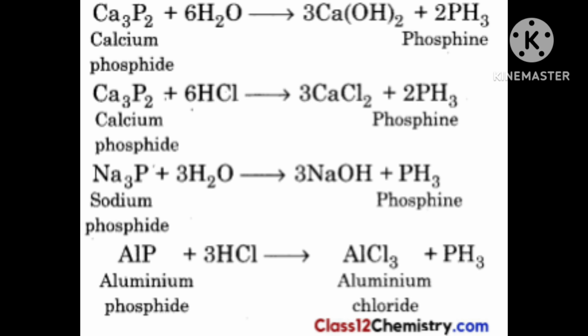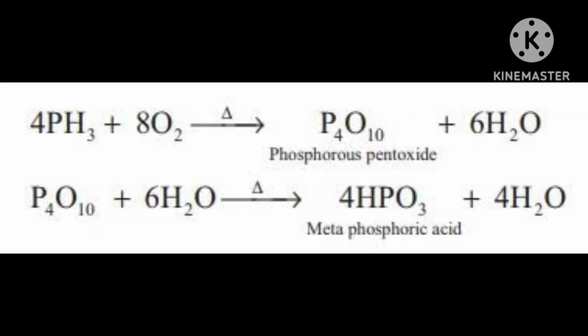Now the second preparation reaction I am telling you. It can also be prepared by the action of SO2Cl2 on white phosphorus. Then P4 plus 10SO2Cl2 gives two products, 4PCl5. It is easy to balance also because only one product is there for phosphorus.